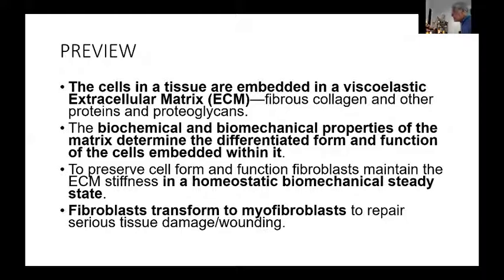But under some conditions where there's a serious distortion of the condition of the tissue, so wounding, for example, then the fibroblasts in the vicinity of the wound transform to myofibroblasts, which are cells with a phenotype somewhere in between smooth muscle cells and fibroblasts.